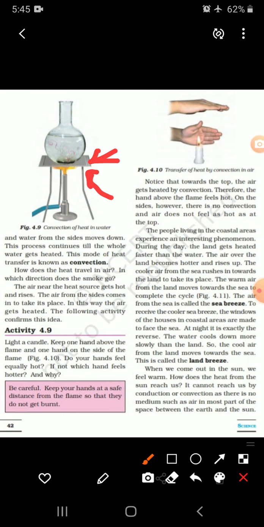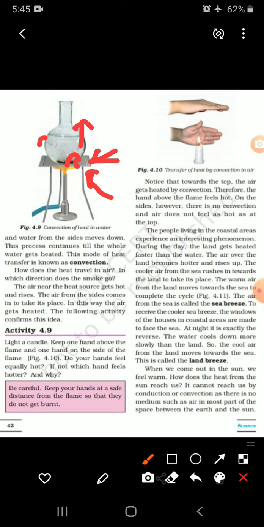and the water vapors will go upward like this. And as soon as the water starts boiling, the vapors will form and go upward.